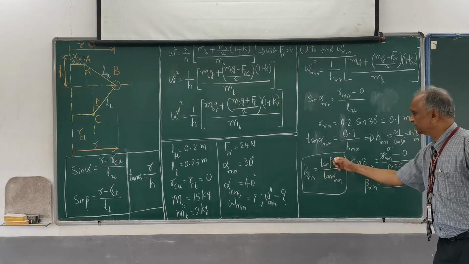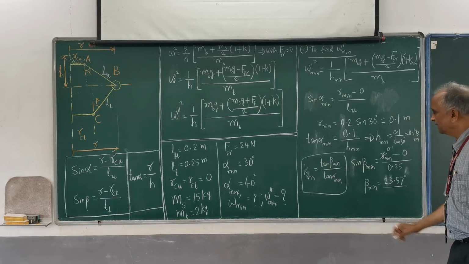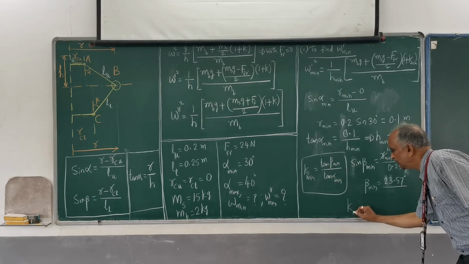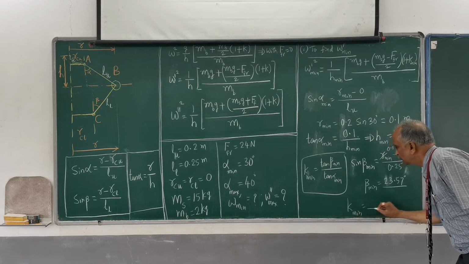So tan beta minimum divided by tan alpha minimum is equal to K minimum. So find out K minimum.